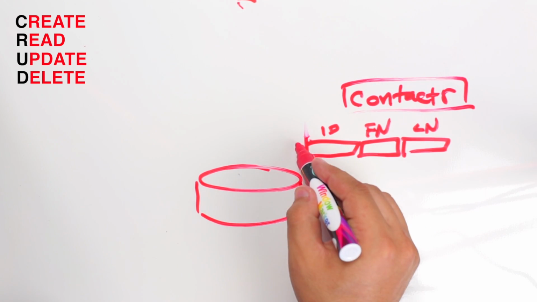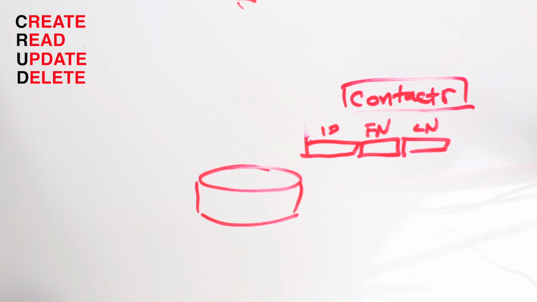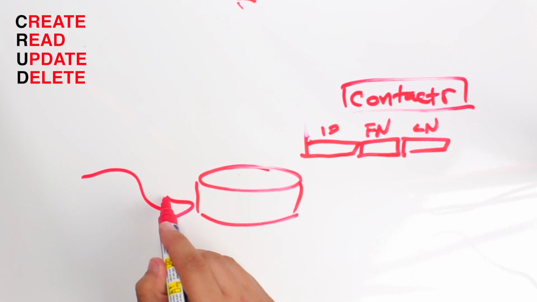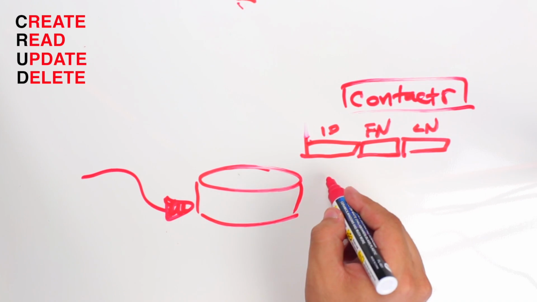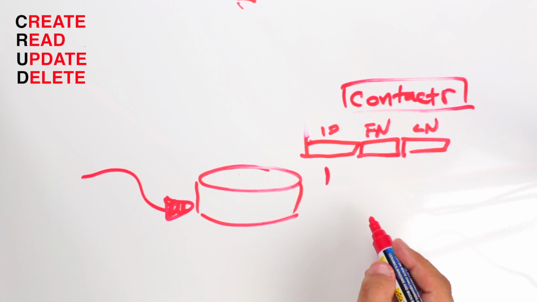So this is the contacts table that has an ID, a first name, and a last name. Now that we created a table, think of it as a blueprint of what kind of data can go into this table. To create a record for that table, it must be sent with these three fields: the ID, the first name, and the last name. Every time you insert a piece of data into the contacts table, it has to have, like I said, the ID, which in this case could be one.